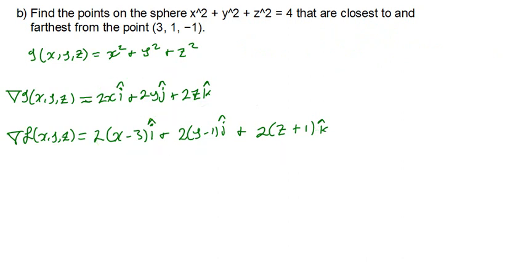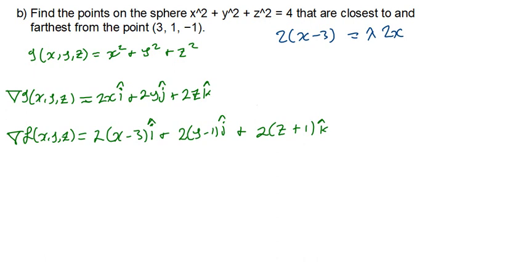So meaning this one we equate to this one, but we are multiplying by the lambda. So what you're going to say is it is your 2(x minus 3) equating lambda 2x, like that. Okay, that's how they are related.